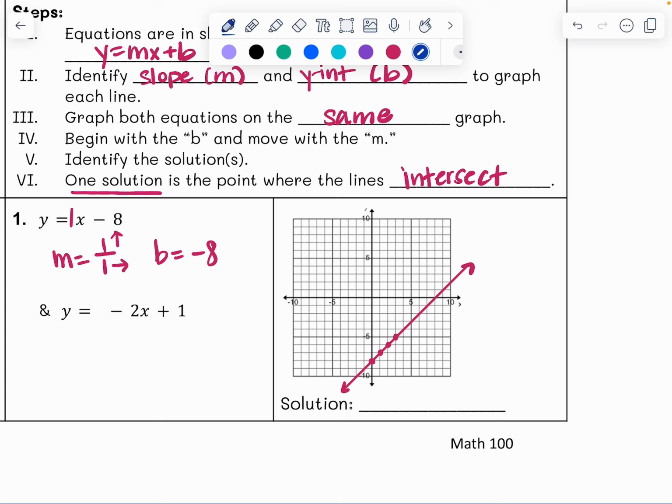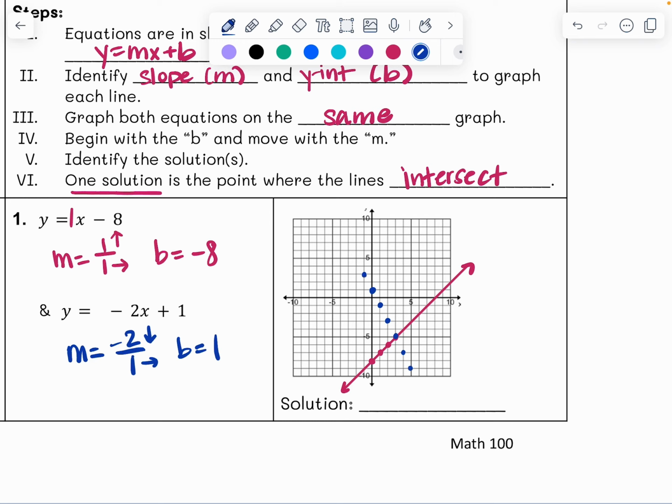My second equation, y equals negative 2x plus 1. M is negative 2 over 1. That means I'm going down 2 and 1 to the right. And b is 1. So I'll plot 1, and I go down 2, 1 to the right. Now, when we're graphing systems, I would recommend plotting your points several times.